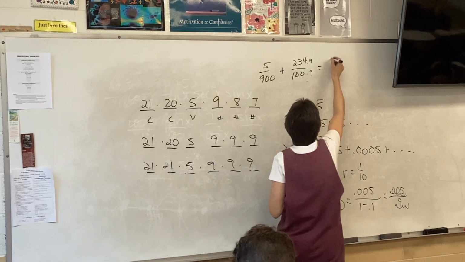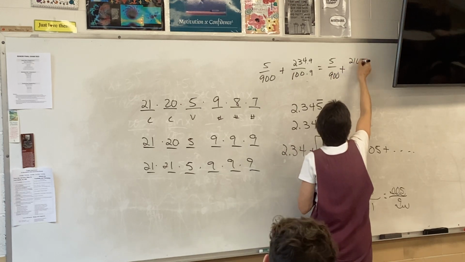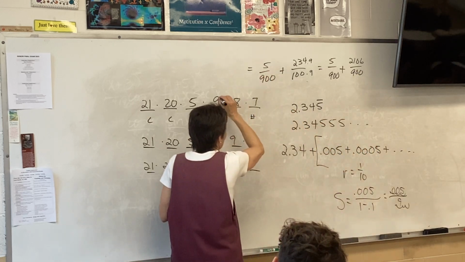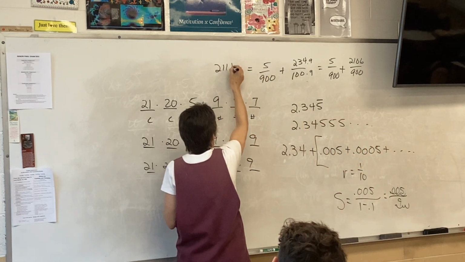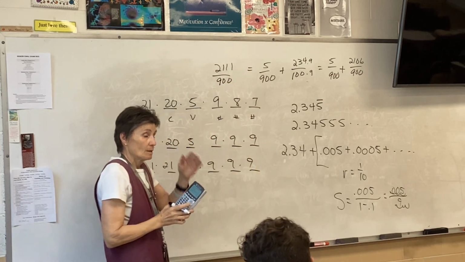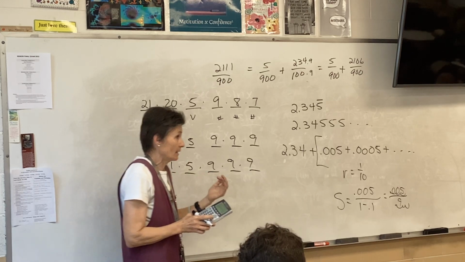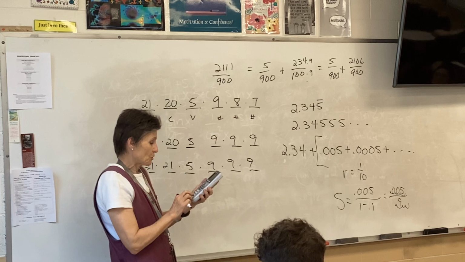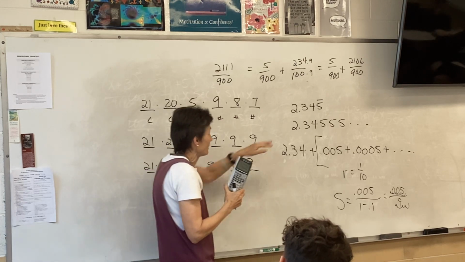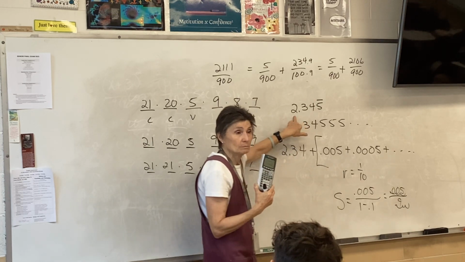So I have 5 900ths plus 2,106 900ths. So the final answer to the problem is going to be 2111 900ths. Right? And since I have a calculator, I'm just going to type in 2111 divided by 900, and what better happen when I do that? I better get that, and sure enough I do.